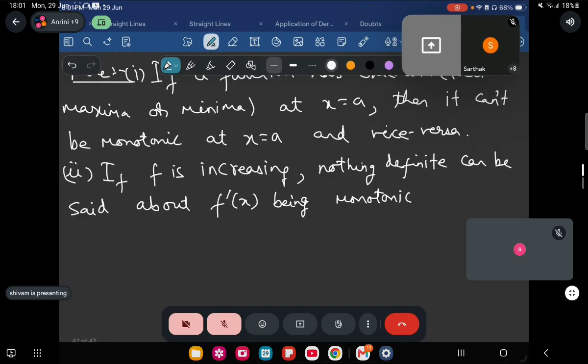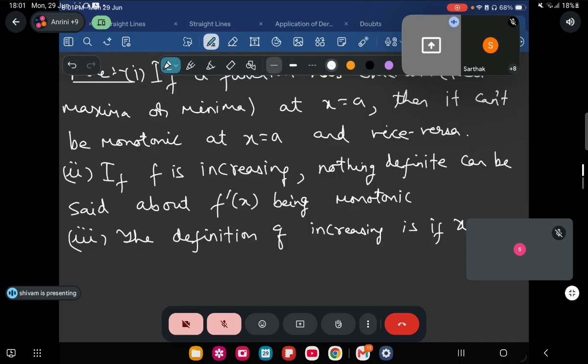Number three, the definition of increasing is: if x1 is greater than x2, it will imply f of x1 greater than or equal to f of x2.